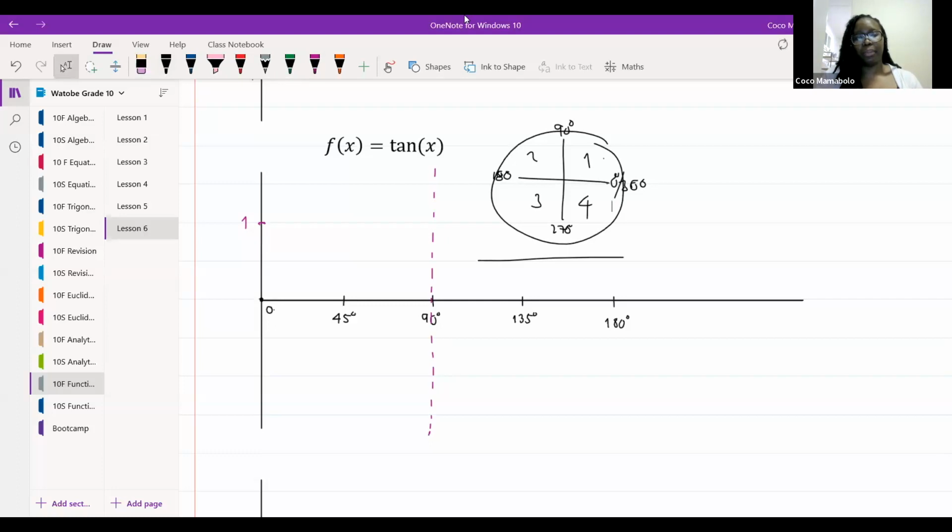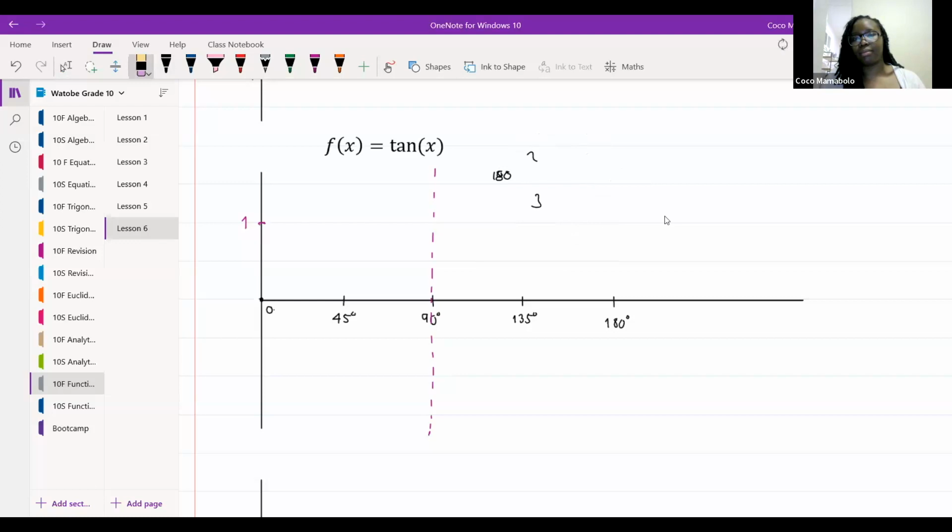Sibahle, what's up? Since when it's 90 degrees, it says undefined, that means you put the dotted line, same as at 180, if I'm not mistaken. So that divides the graph into three parts.